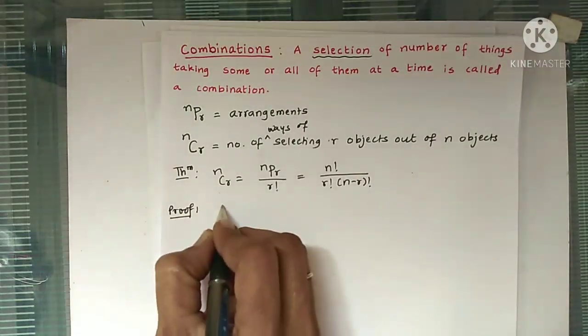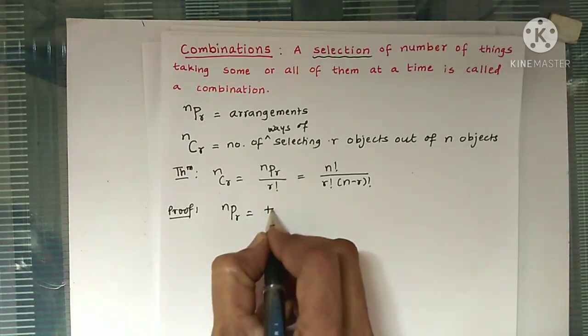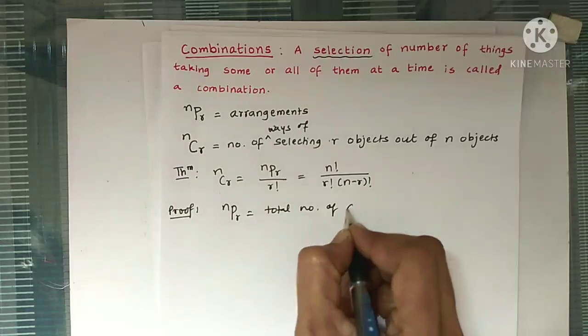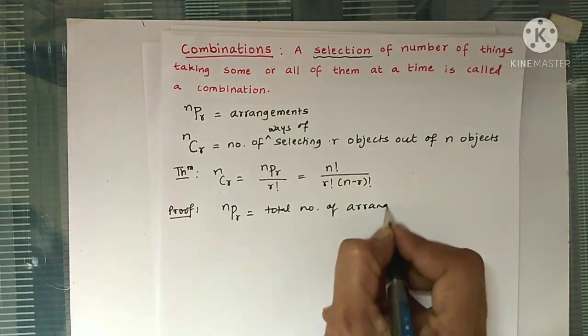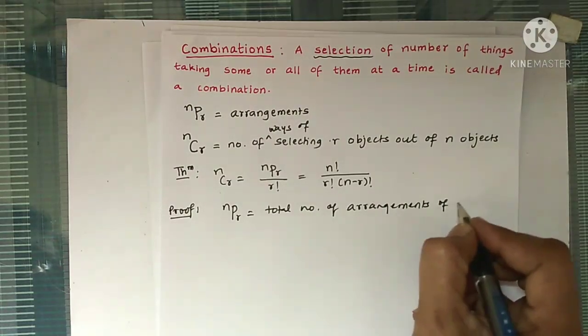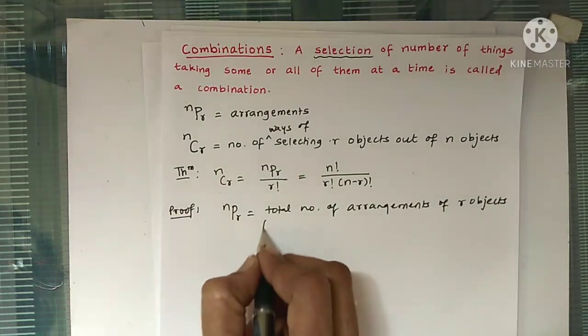Now what we know is nPr is the total number of arrangements of r objects taken at a time from the given n objects.